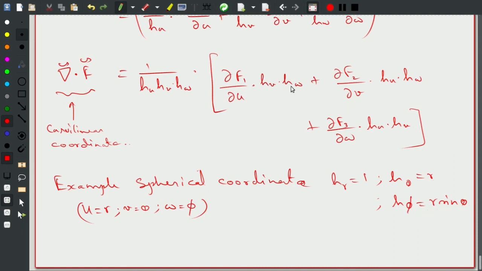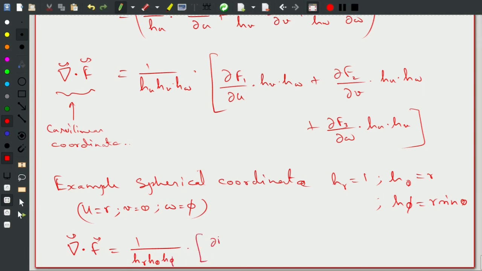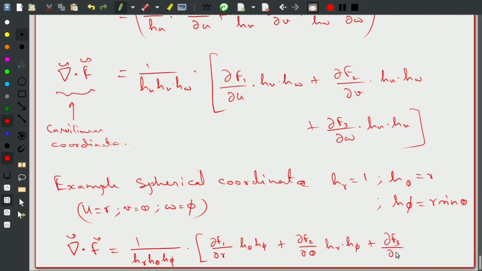If we substitute, the divergence of f vector equals 1 over h u h v h w, where we substitute h r, h theta, and h phi: dou f1 by dou r of h theta h phi, plus dou f2 by dou theta of h r h phi, plus dou f3 by dou phi of h r h theta, right?